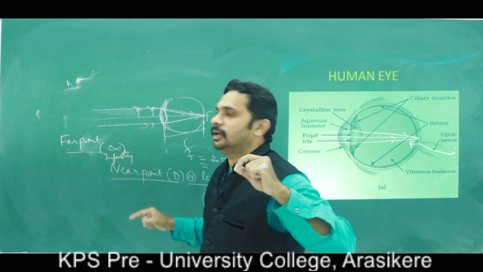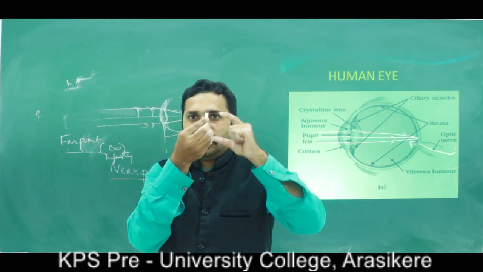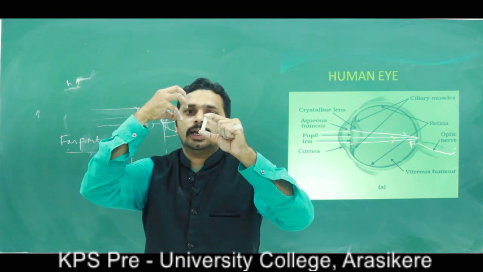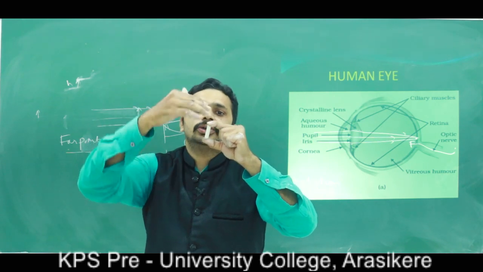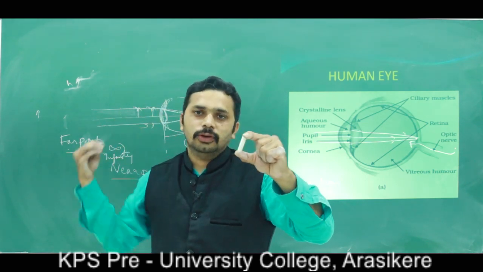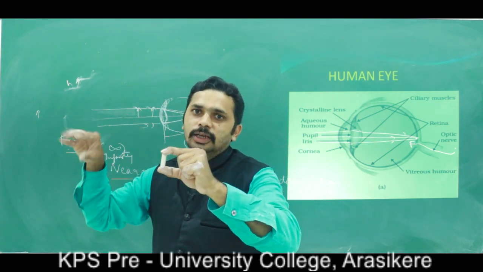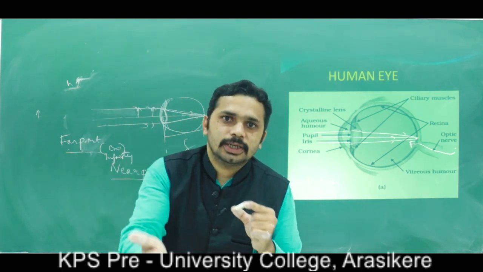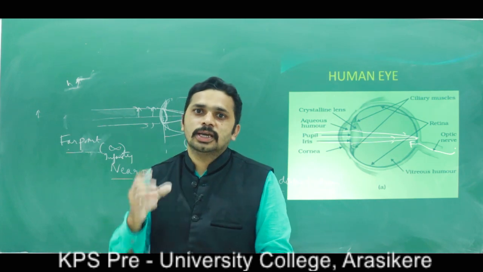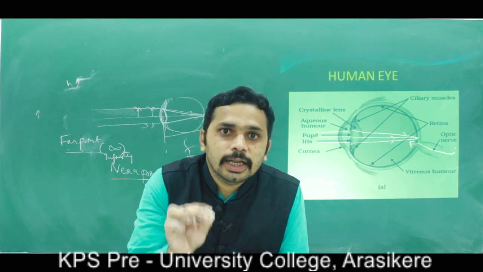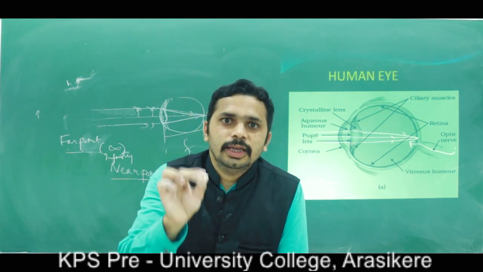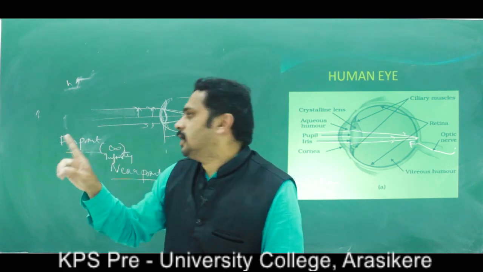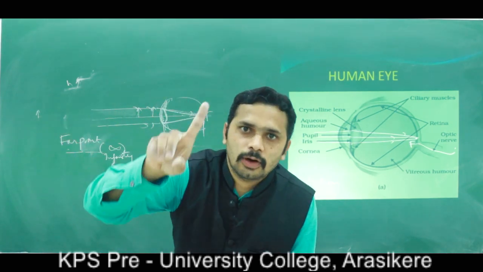Ciliary muscles are free. To see the near objects, inside the eye, the ciliary muscles are compressed to focus the light rays on the retina. To get the same focal length, whether you see the far objects or the near objects, our eye has the ability to see the near point distance and also the far point distance.